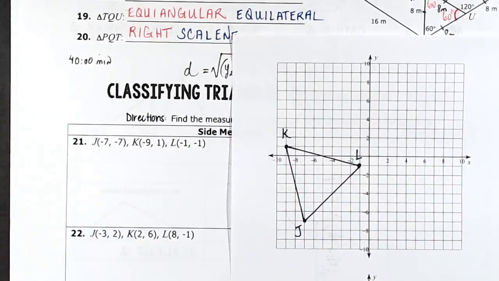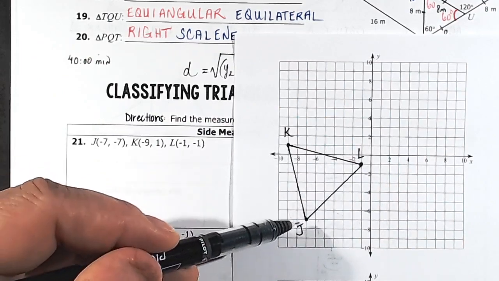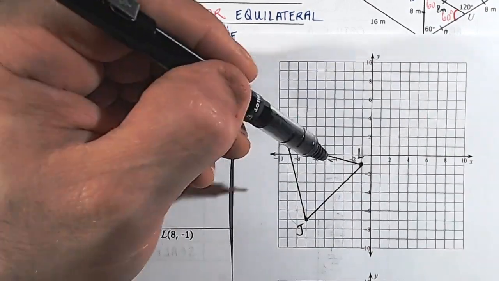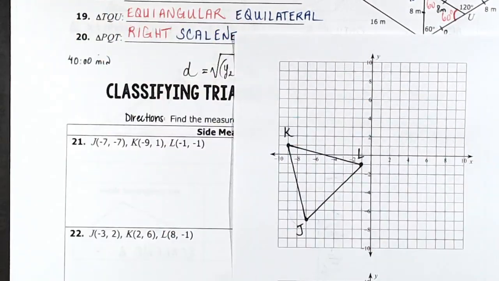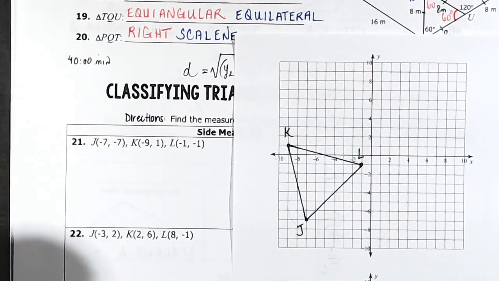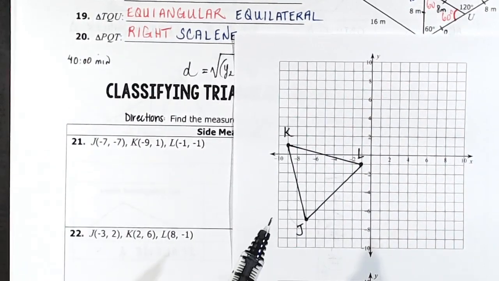Okay, and we have to figure out what the lengths are here. We have to figure out the length between J and K, the length between K and L, and the length between J and L. And we have to analyze them using the rules that we learned about classifying triangles, which we'll go over. But in order to find these distances, we have to apply the distance formula.